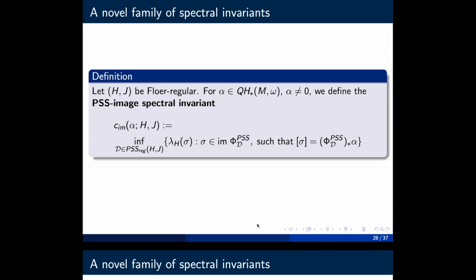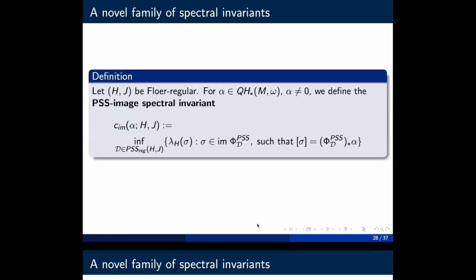Instead, I look at the minimal action level at which a chain representing that class is hit by some PSS map. So you're thinking of probing the Floer complex by these PSS maps, and one should think of these as continuation maps from the zero function.